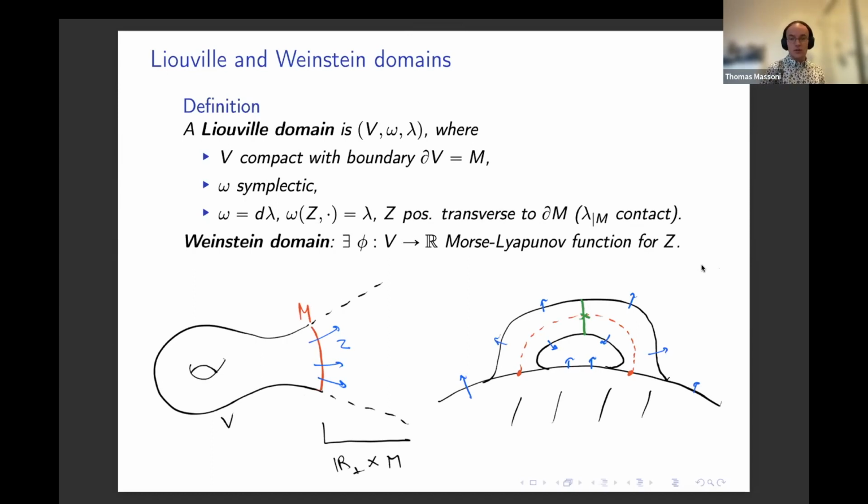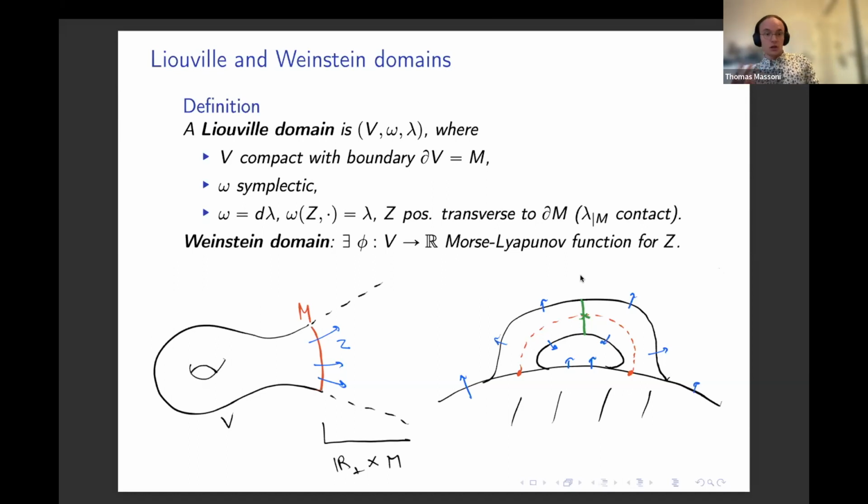And those are handles of index at most half of the dimension of the manifold. And in particular, in dimension 4, a Weinstein domain always has a connected boundary. And in the critical handles, so in the index n handles, there is a fairly interesting Lagrangian, which is the core of the handle, and this is a Lagrangian disk.